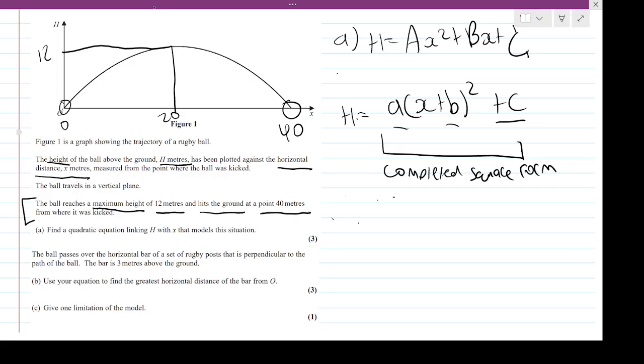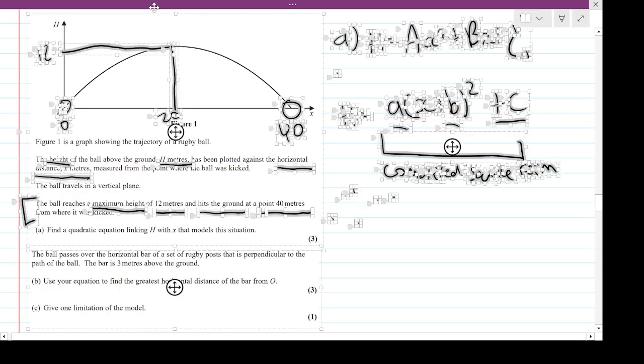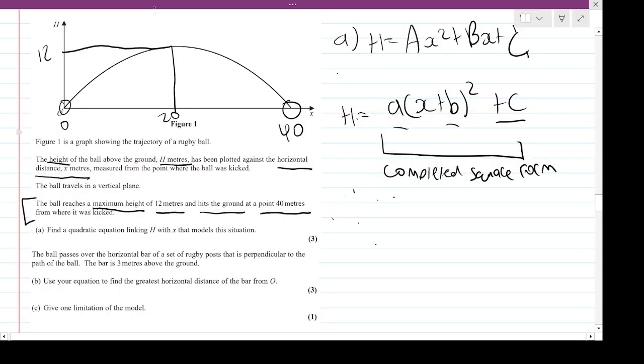The line of symmetry is at the turning point. So the turning point splits the curve in half, right? So the same distance on the left from 0 to 20 has to be the same on the right, so it has to be 20 either side. Okay, so we can work that out. Cool. Now we've got all the information to work out this turning point here, which should be when x is 20 and h is 12.